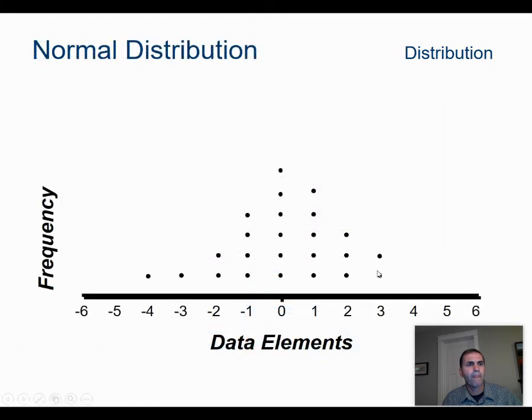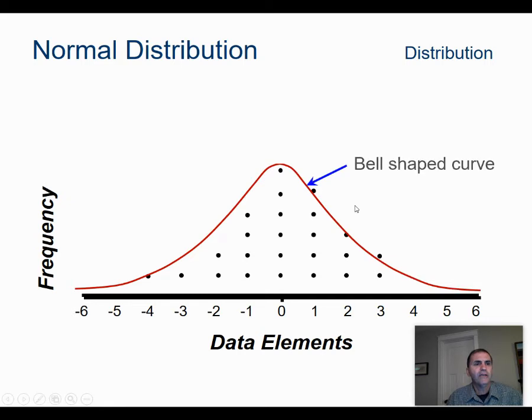Now, if we have what's called a normal distribution, and you may have heard of the bell curve, what happens is that your data, if you drew a line across the top of it, looks like a bell. Normally it's a little bit steeper. Think of the Liberty Bell, right? It's got a big hump in the middle, then it comes down, and then it flares out on the sides.